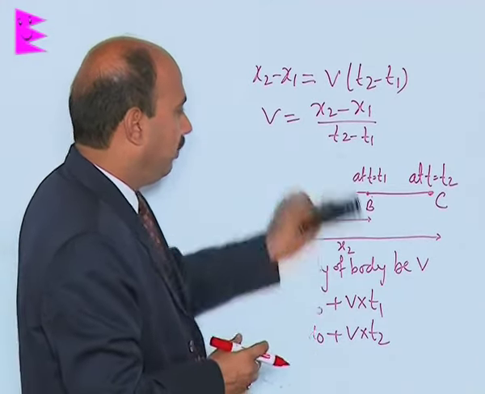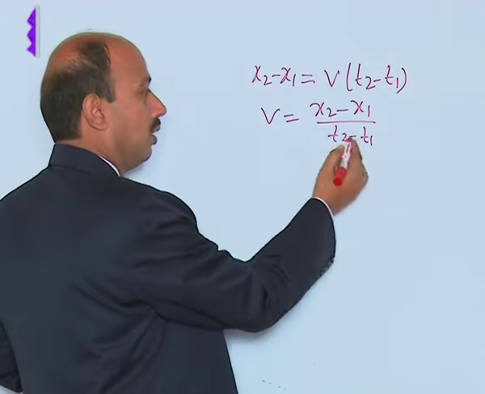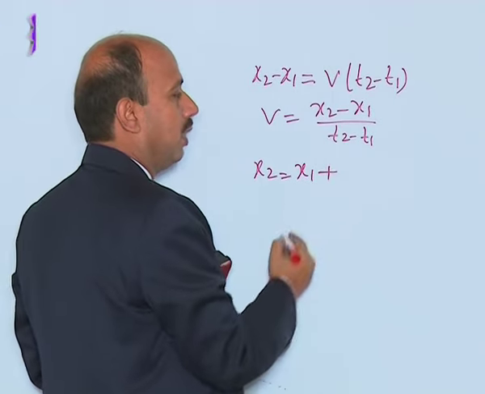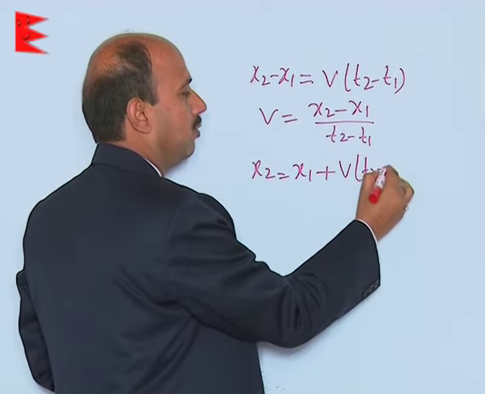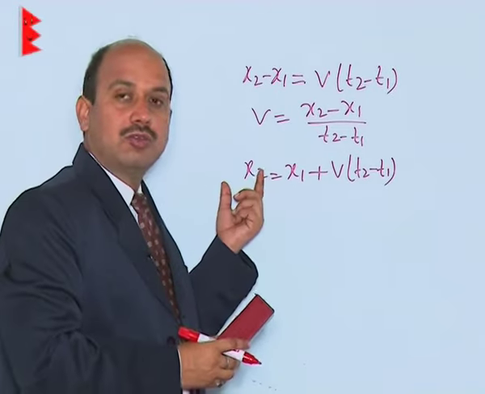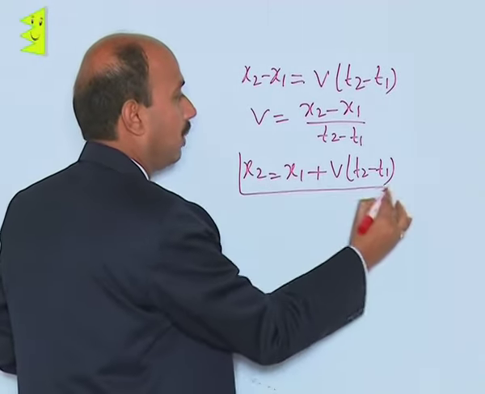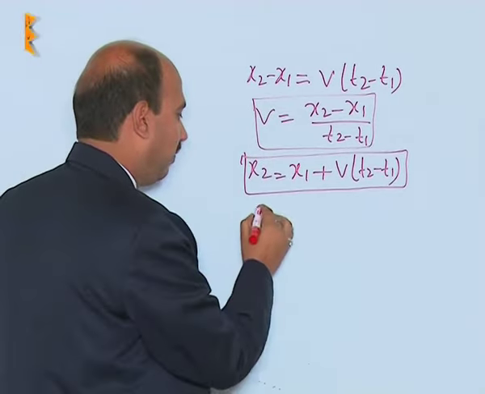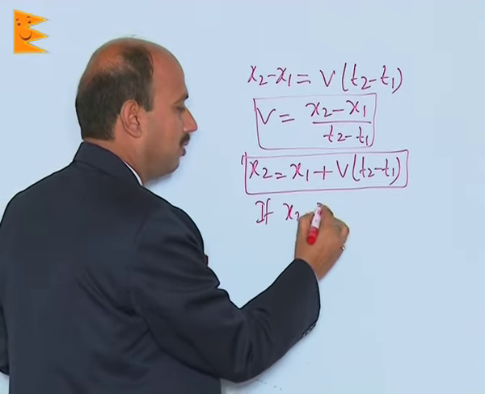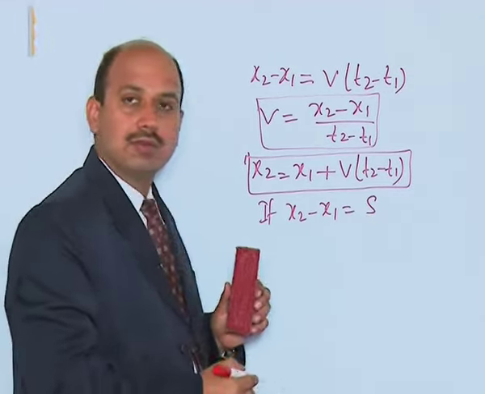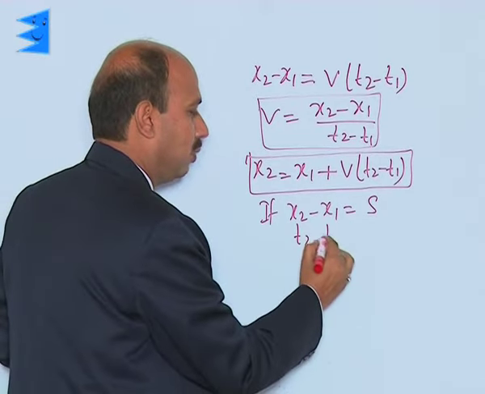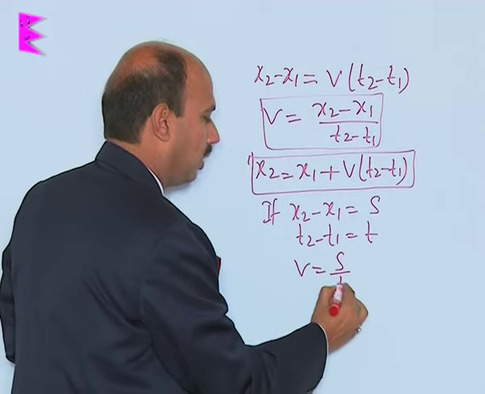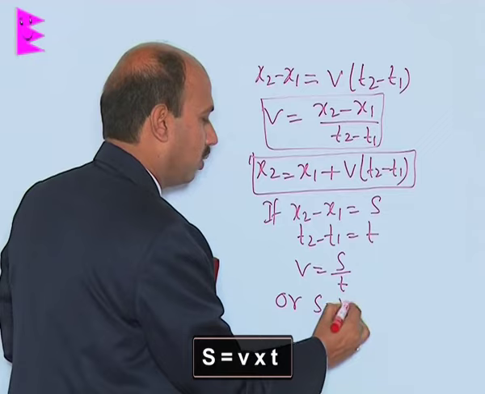Now, if you want to write position x2, you can write x2 is equal to x1 plus v into t2 minus t1. It means position x2 is equal to this formula. So, this we can use directly, and also if we take x2 minus x1 is equal to, suppose, s, and t2 minus t1 is equal to t, then you can write v is equal to s upon t, or s is equal to v into t.